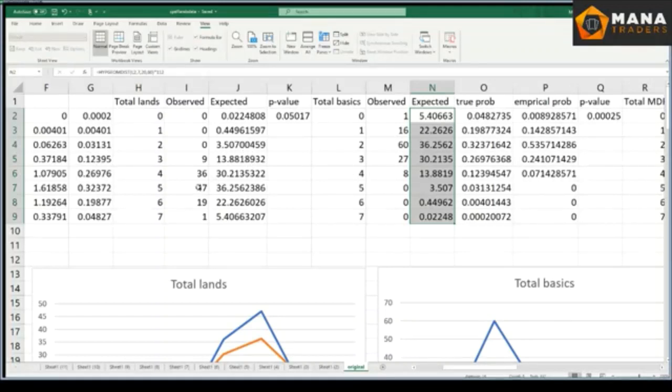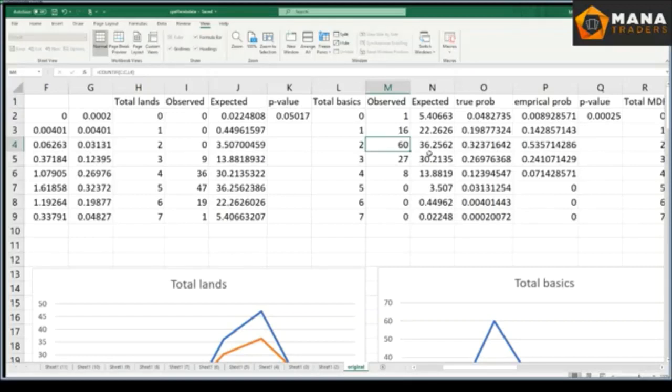In total lands, we were expecting about 36 times to draw 5 total lands, and instead we got 47. So it's a bit higher, but not by a lot. But here, we were only expecting 36 hands to have exactly 2 basics, and yet we actually got 60 times where there were 2 basics.